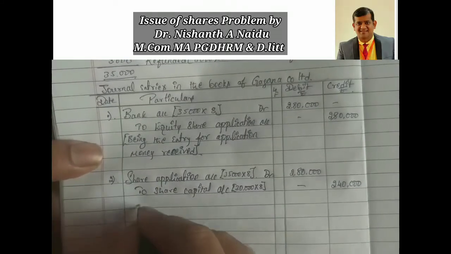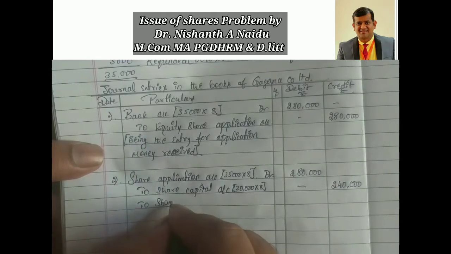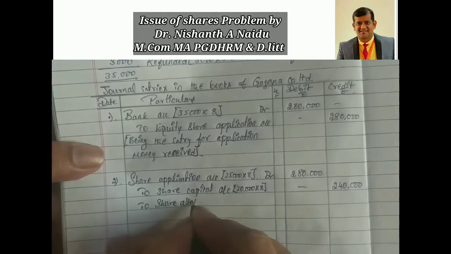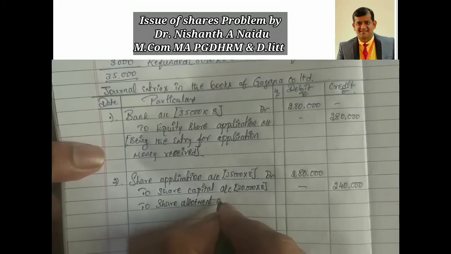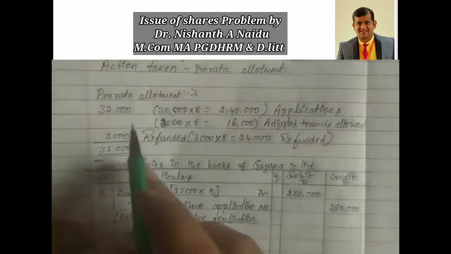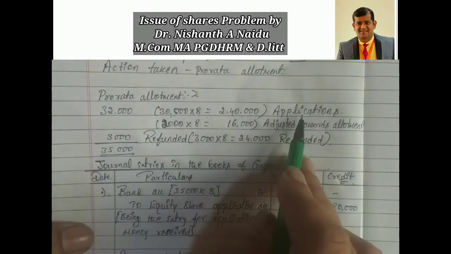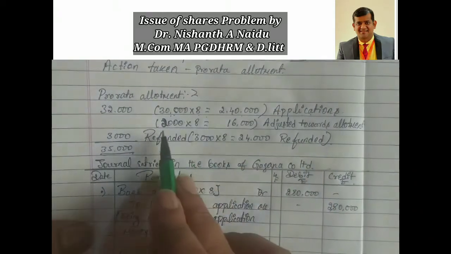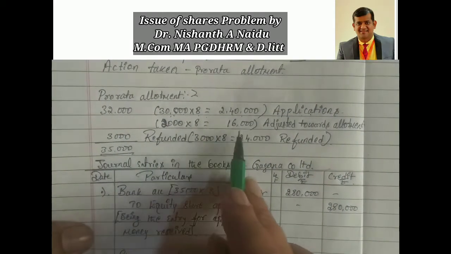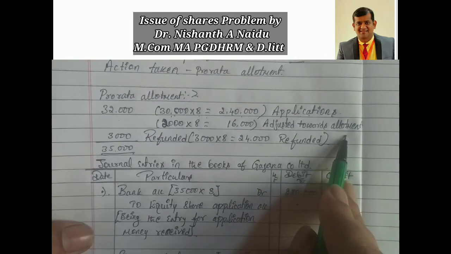Okay, then 2. Share allotment account. See, in pro rata adjustment, out of 32,000, we have 30,000 into 8, 2,40,000 is towards application. 2,000 into 8, that is 16,000 adjusted towards allotment.